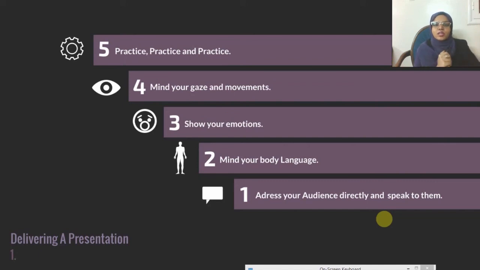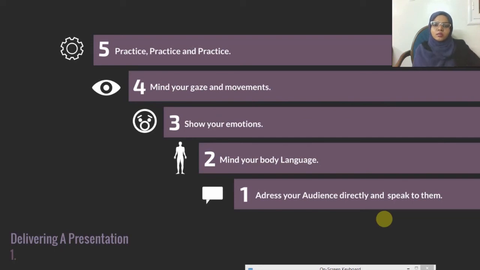This will give the audience a sensation that you can have a look, or you see each one of them, okay? This will give them the feeling that you are concerned with each one in the room, and thus will make them more proactive and reactive to what you have to say.